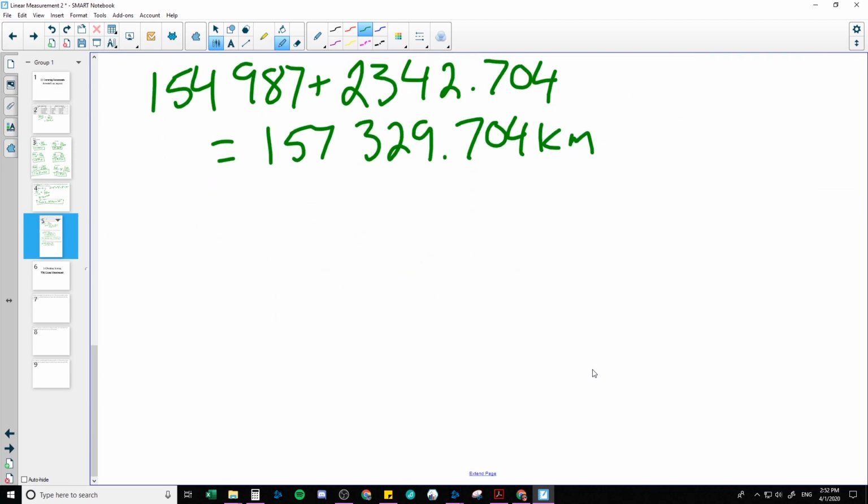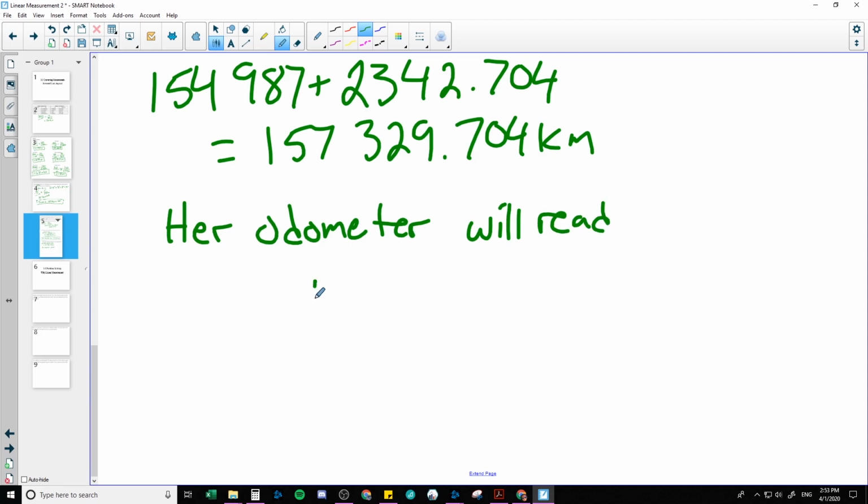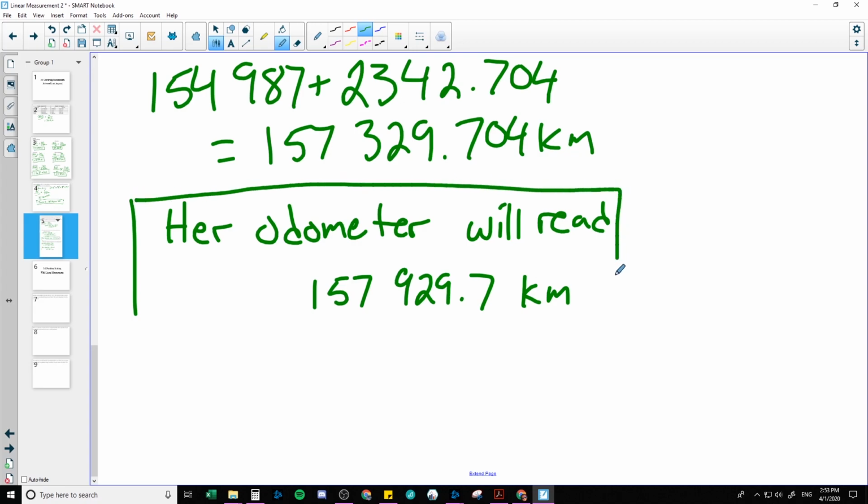Okay, scroll down a little bit further so we can write it. Her odometer will read 157,329.7 kilometers. Most odometers either don't have a decimal at all or just have the one decimal.